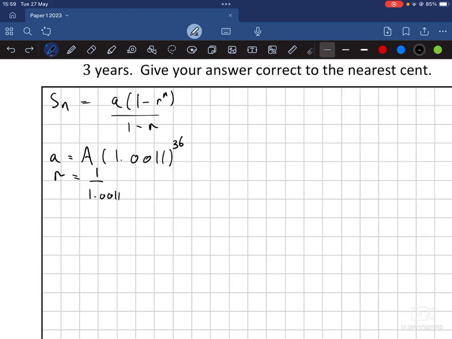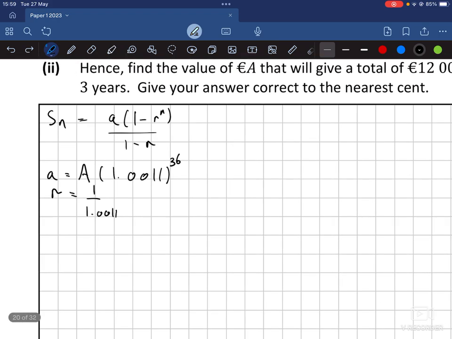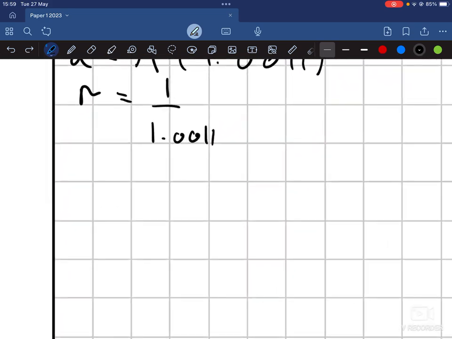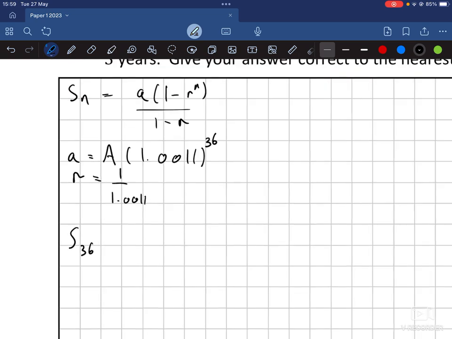Now all we're going to do is stick this in S_n. We're doing the first 36 payments, so it's S of 36.